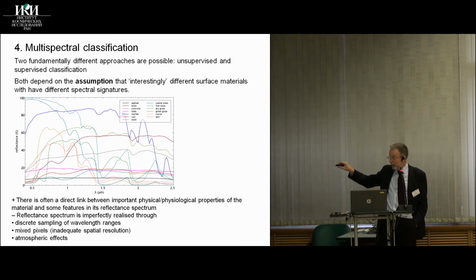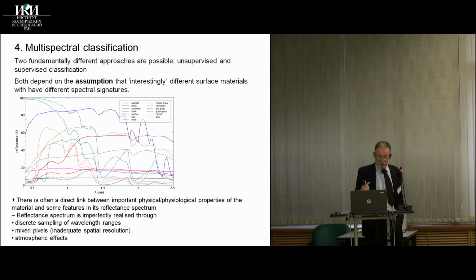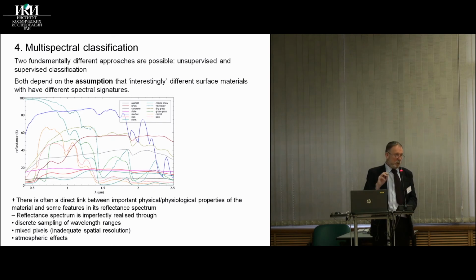So on the plus side, there's often a direct link between important physical or physiological or both properties of the material and some feature in the reflectance spectrum. We already know that for green leaves. On the negative side, we have imperfect information about this from our satellite data. The reflectance spectrum is imperfectly realized because we have discrete sampling of wavelength ranges.